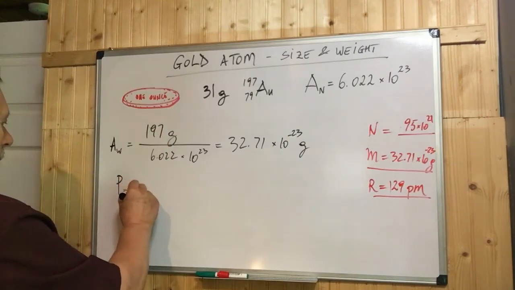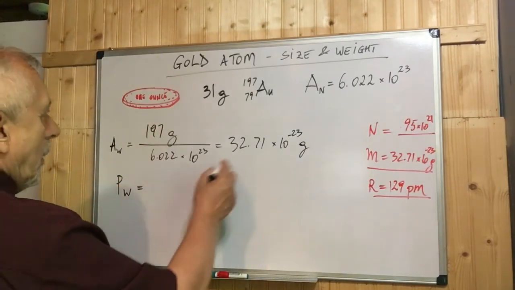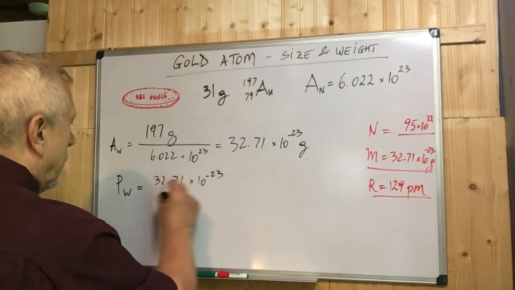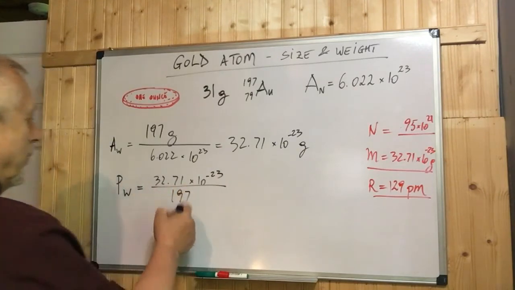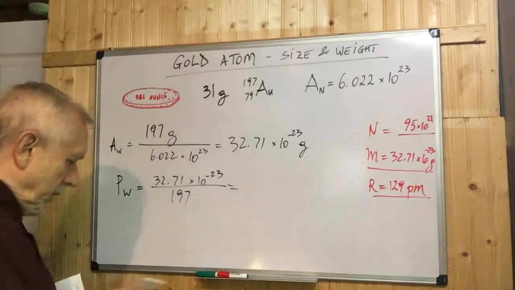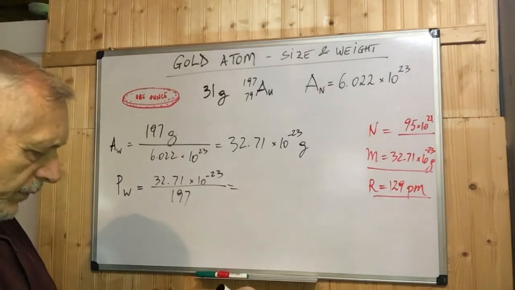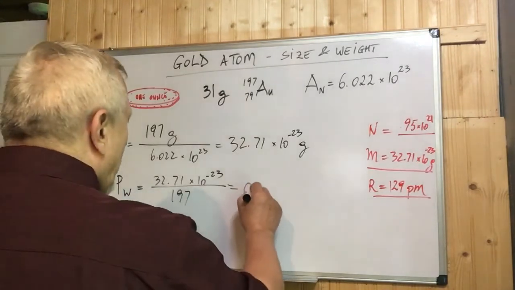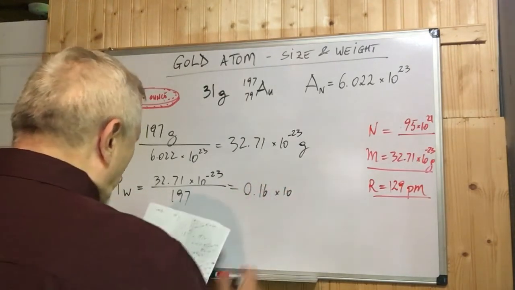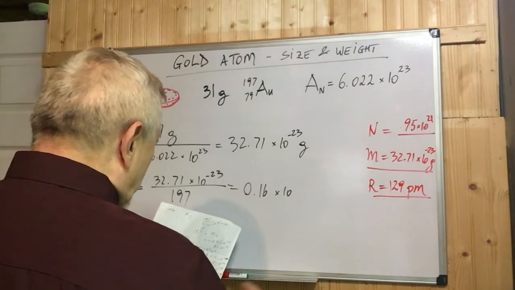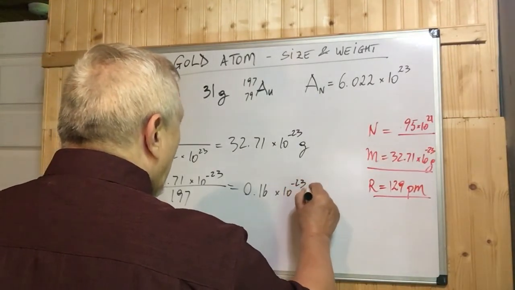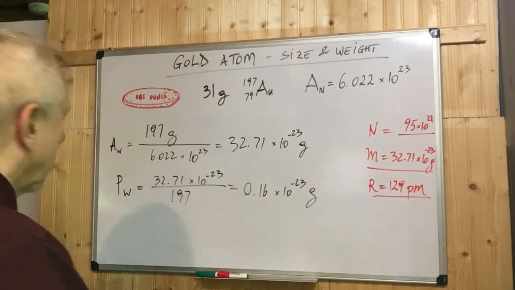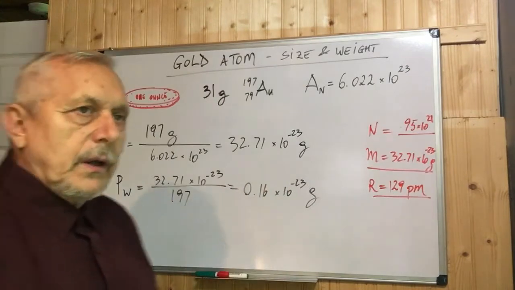The proton mass or weight is this number, 32.71 times 10 to the power of minus 23 divided by the number of particles, and using the calculator we get the following value, 0.16 times 10 to the power of minus 23 grams. Alright, so that's the proton.